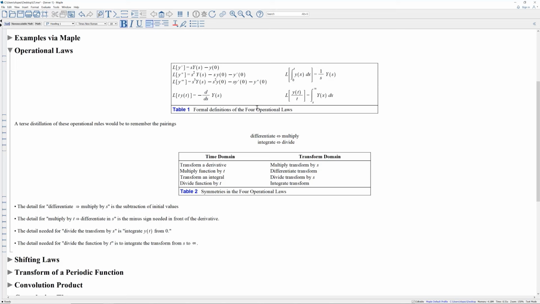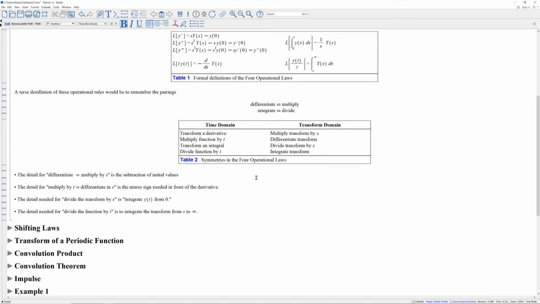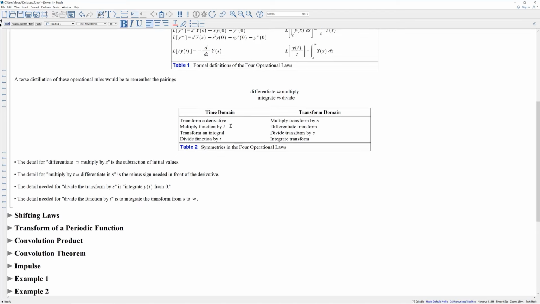So these are called the operational laws. And a way to get them across is to teach differentiate and multiply or multiply, differentiate. Integrate, divide, divide, integrate. So you speak of the time domain and the transform domain and you spell it out. Transform a derivative, you multiply the transform by s, multiply the function by t, you differentiate the transform.